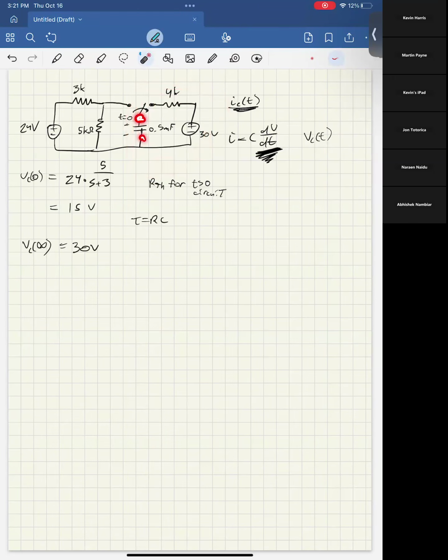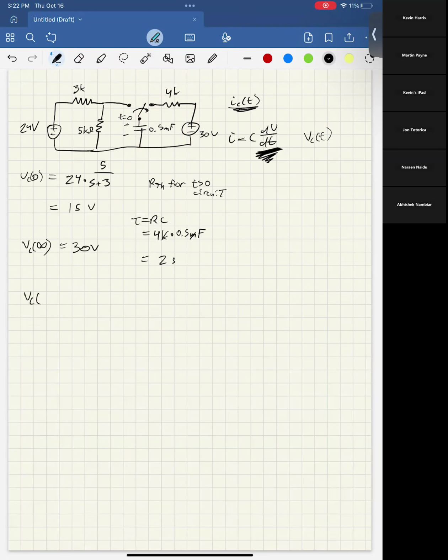And the Thevenin equivalent resistance from the perspective of the capacitor is, okay, it goes through this 4K, and then this is a short when we're doing this, so it's just 4 kilo ohms. So it's going to be 4K times 0.5 millifarads. Milli and kilo cancel, so we just get 2 seconds, because the time constant does have a unit of seconds.